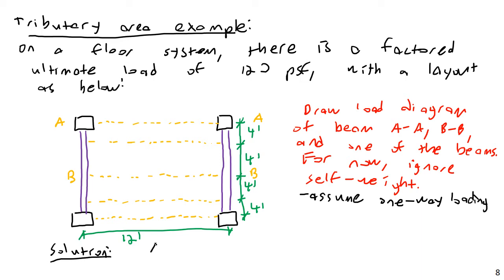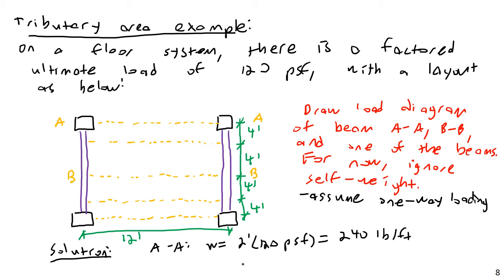Well, AA is going to support a width of 2 feet. So that means the w on it is going to be 2 feet times 120 PSF, and that will come to 240 pounds per foot.